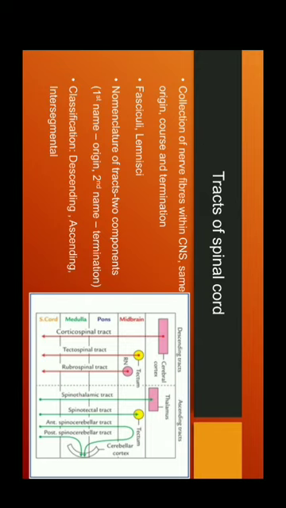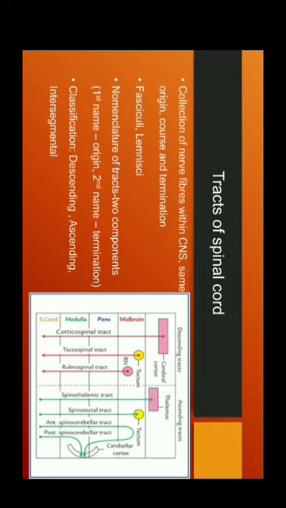A collection of tracts which gives a rounded appearance in a cut section is a fascicular, and those bundles of nerve fibers which are ribbon like are lemnisci.